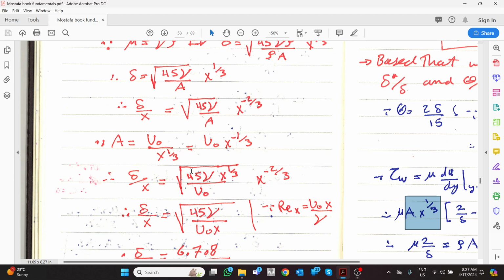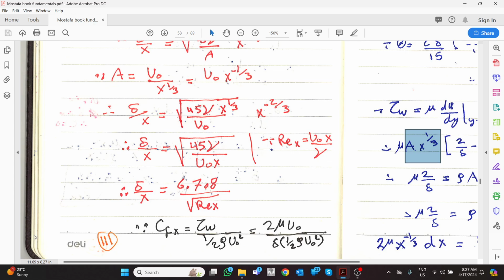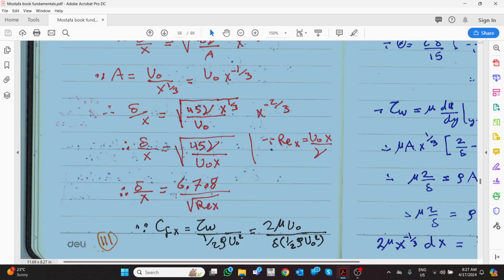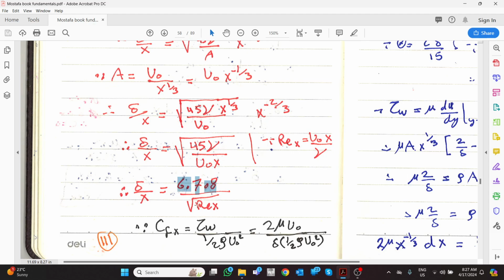We are trying to get the form of Reynolds number, by the way, and changing the x power outside. That's it. Okay. So at the end, after algebra, you will find delta over x equal to some number over Reynolds number root.